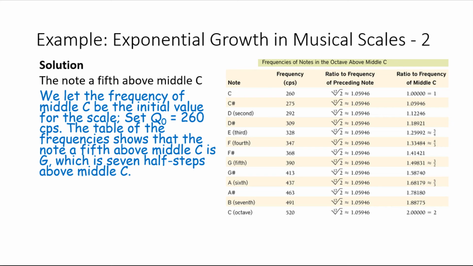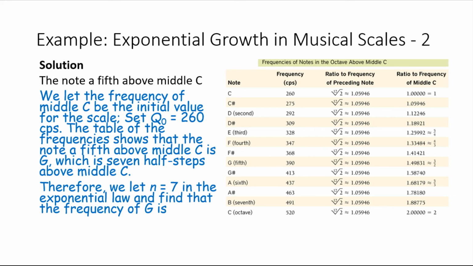The table of the frequencies shows that the note a fifth above middle C is G, which is 7 half steps above middle C. Therefore, we let n equal 7 in the exponential law and find that the frequency of G, Q, is approximately Q naught times 1.05946 to the power of 7.